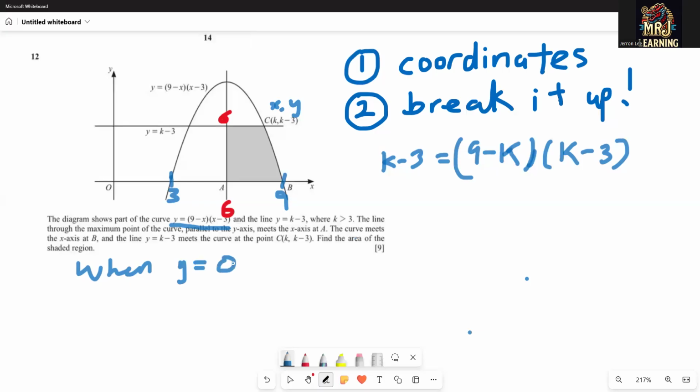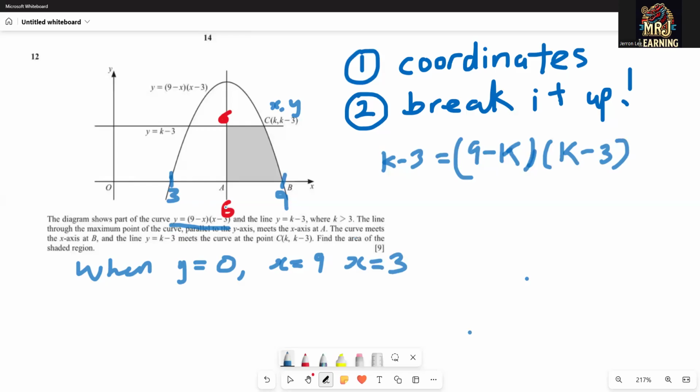So for every intercept, be it x or y, something should be 0, right? So basically, when y is equal to 0, you will have to solve this. And you will notice x is equal to 9, and we have x is equal to 3. So that's why I have these two values.